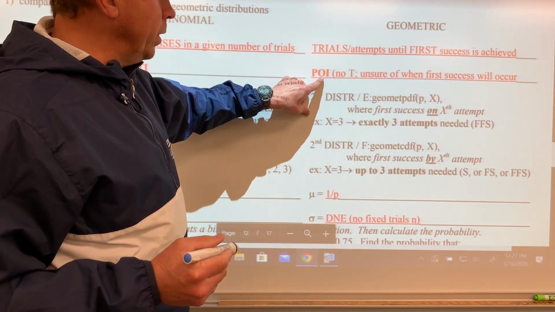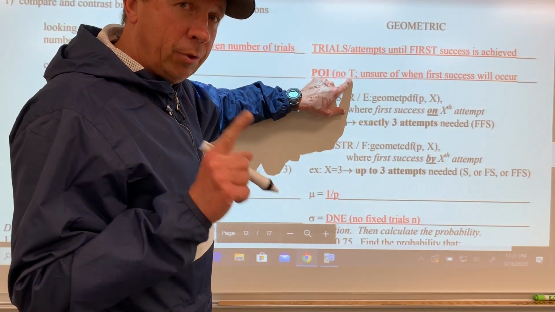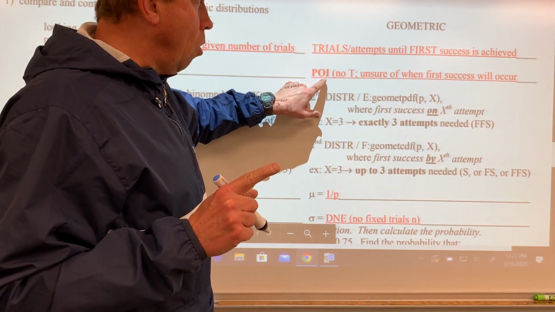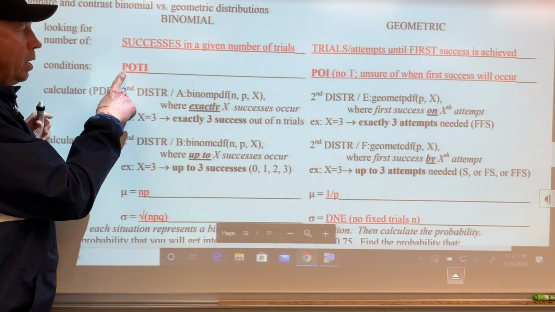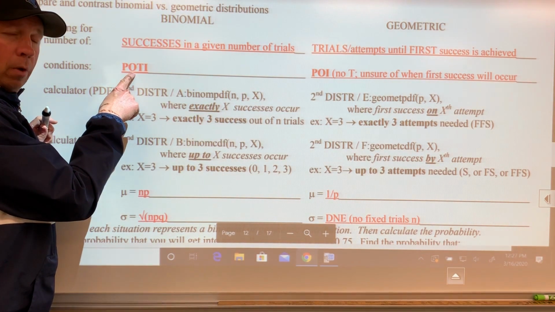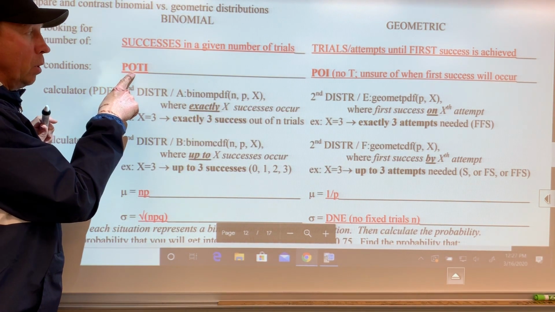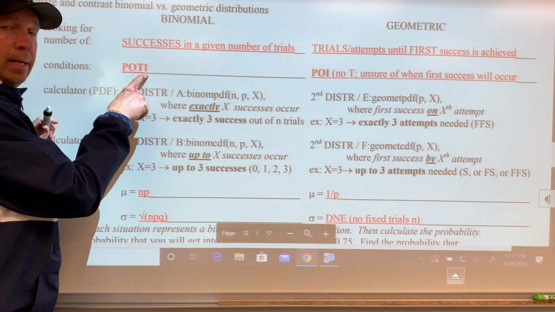And the geometric distribution's requirements do not include a set number of trials. So it's POI. Remember, for the binomial, the probability of success has to be consistent. The O is the outcome. There's got to be 2 of them, success and failure. T is set number of trials, and I is independent.